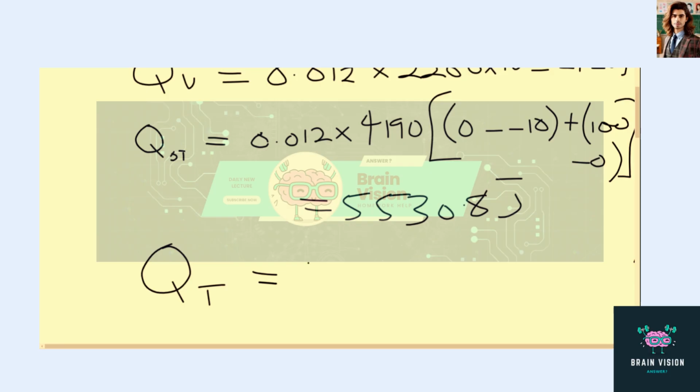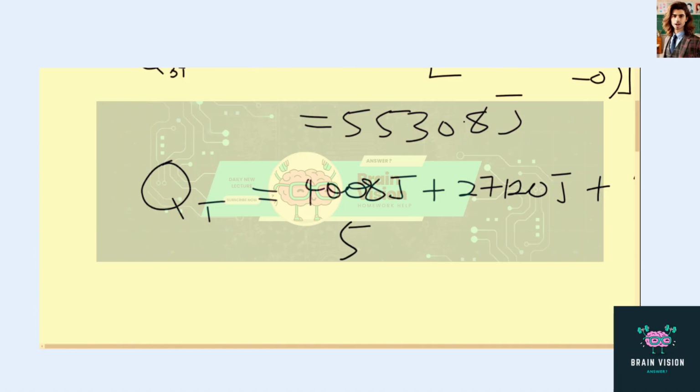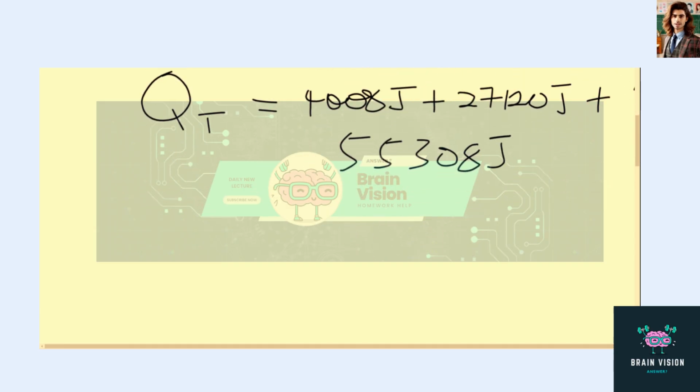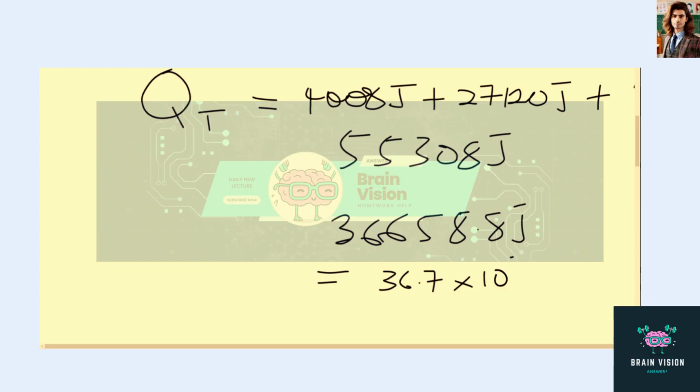Now, when we put all of this together, the total heat energy involved will be equal to 4008 joules plus 27120 joules plus finally 5530.8 joules. When you put all of this together, this should give you 36658 joules, which is also equal to 36.7 times 10 to the power 3 joules.